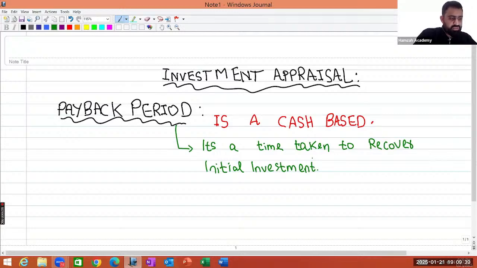It's a time taken to recover initial investment.